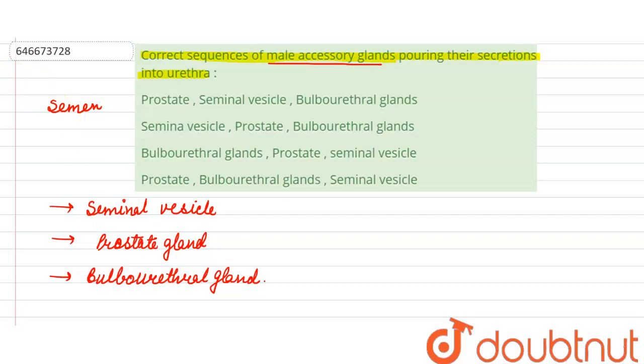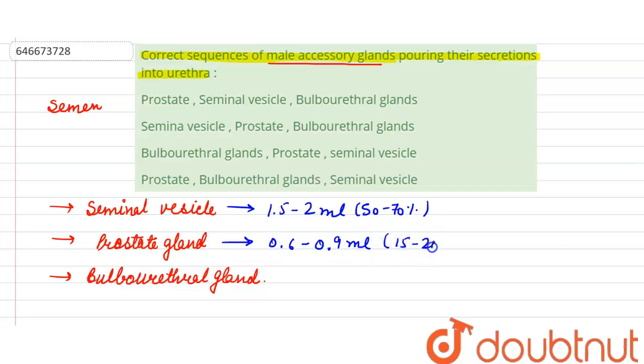So if we talk about the composition of each of these glands, seminal vesicle secretes 1.5 to 2 ml, that is 50 to 70% of the semen, and prostate gland secretes about 0.6 to 0.9 milliliter, which is equivalent to 15 to 25% of the semen in human male.